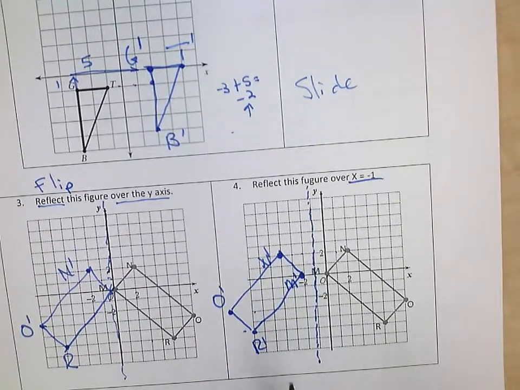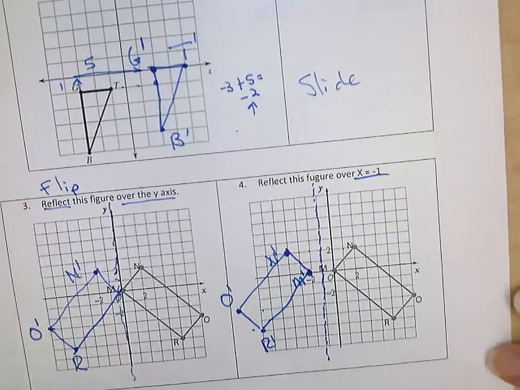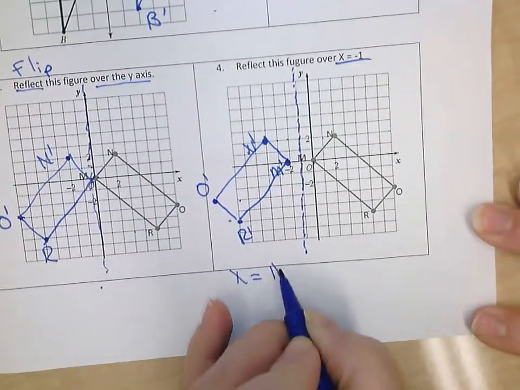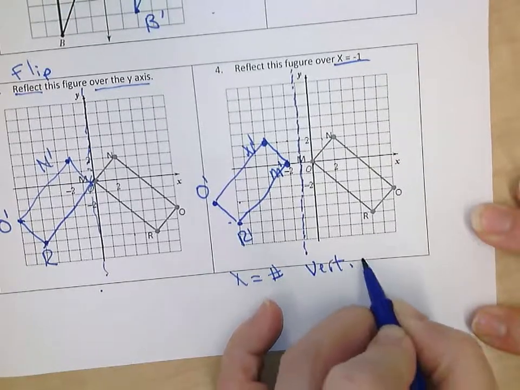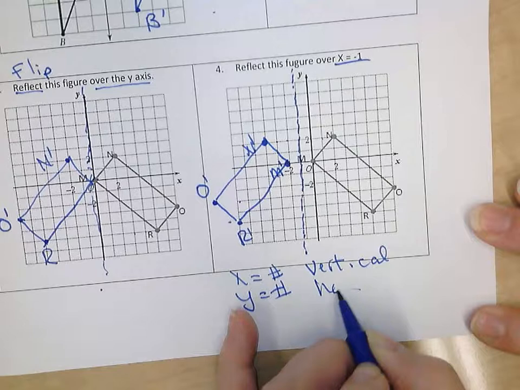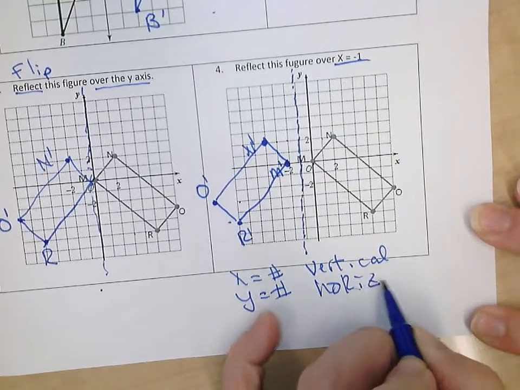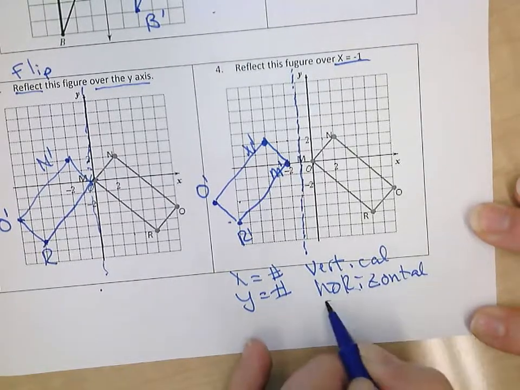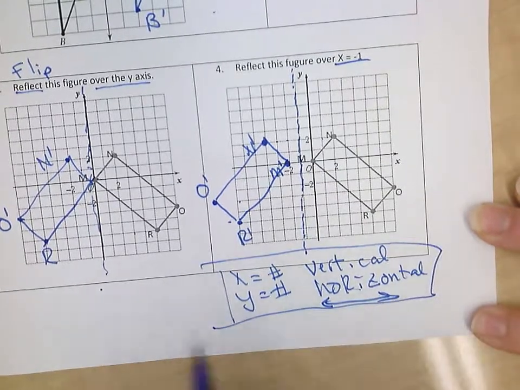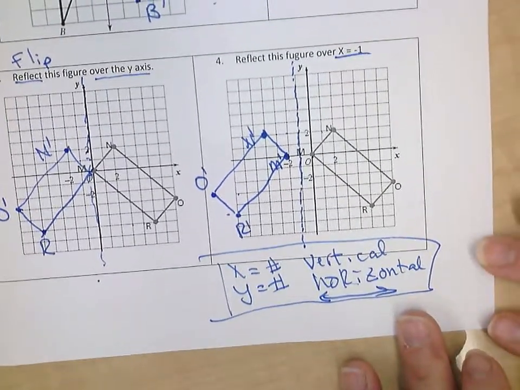Now, x equals -1 is vertical. X equals a number is vertical. Y equals a number is horizontal. So you're going to have to know this to be successful at this standard.